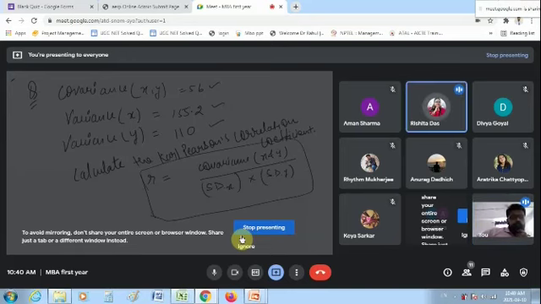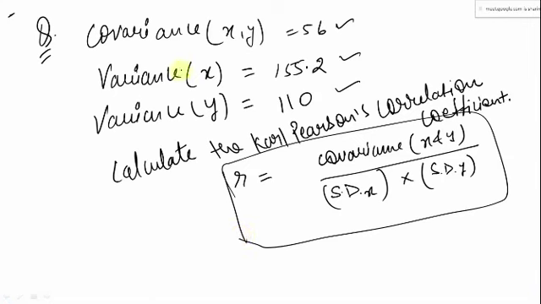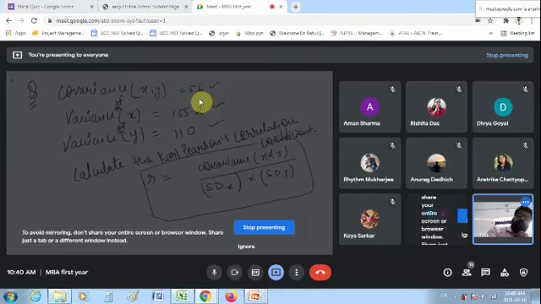So, what is the meaning of variance x? Why should I put the variance of x value? The variance of the X series is this, and the variance of the Y data is this. The data is simple: calculate the Karl Pearson correlation coefficient if the covariance between X and Y is 56, the variance of X is 155.2 and the variance of Y is 110.